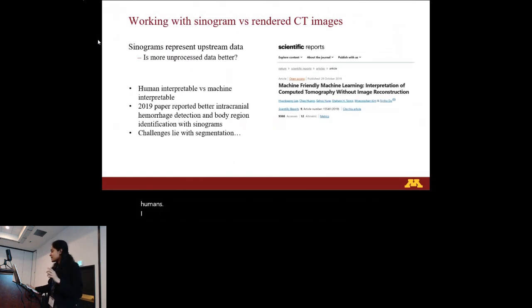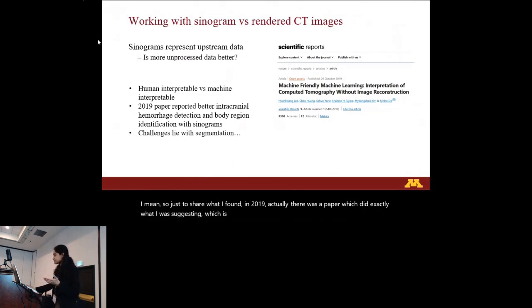Just to share what I found: in 2019, there was a paper which did exactly what I was suggesting. They used the sinogram data without image reconstruction for intracranial hemorrhage detection and body region identification, and they found that it performed better than using reconstructed images.